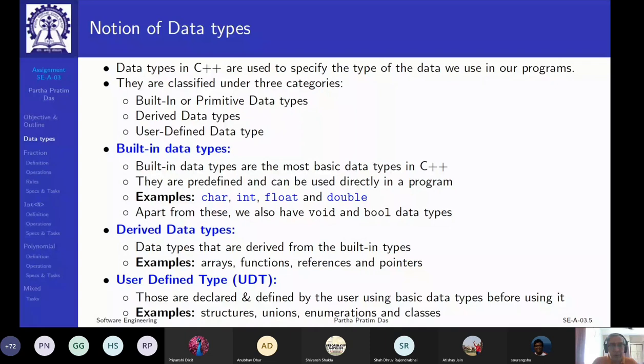Now, in addition to that, we have user-defined data types like structure, union, enumerations, and classes. Of these, structures, unions and enumerations were there in C as well, but there you could only define an aggregate of data. There was no encapsulation, there was no functionality or operation that could be provided.